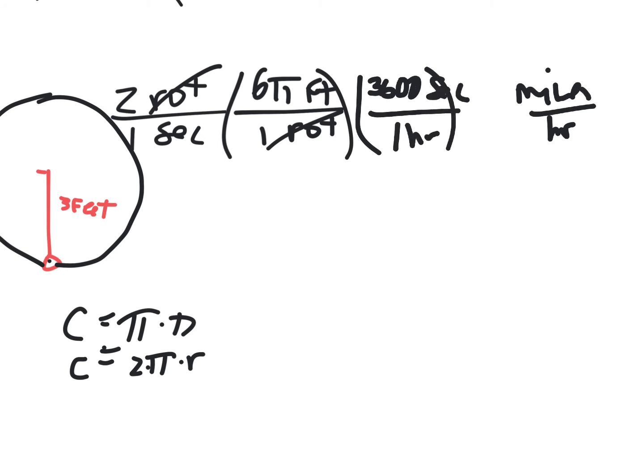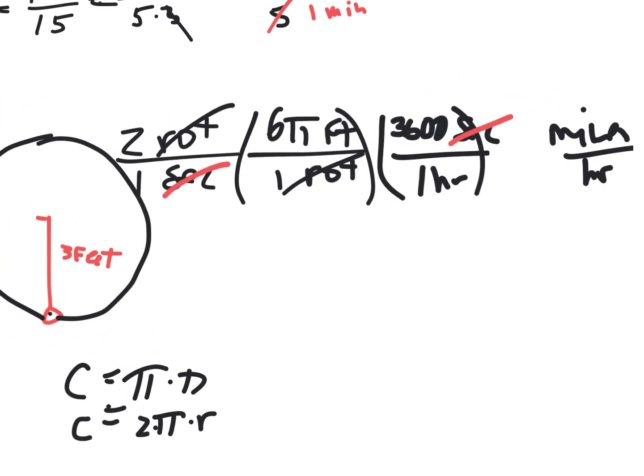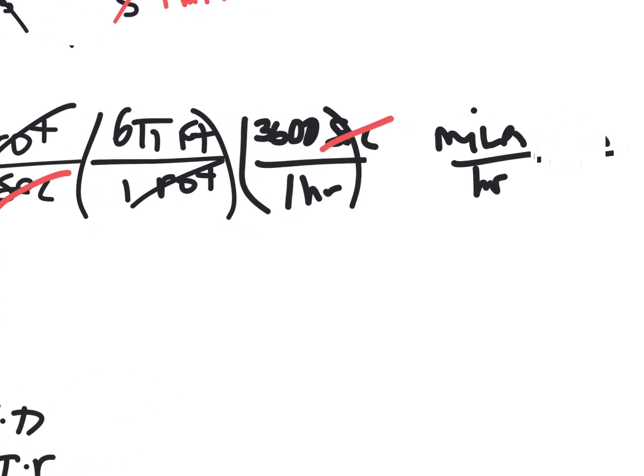If you didn't know that one, you can use it for free, like I just told you. And if you wanted to, you could have changed that with 2 separate calculations, minutes first and then minutes to hours, but you'd get the 3,600. Okay, and now I'm in feet per hour. I just got to get to miles. You guys remember that unit that I was telling you you'd have to know? 5,000 what?